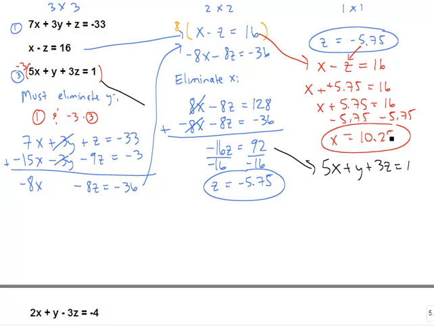And I'm going to substitute in 10.25 for the x. And I'm going to substitute in negative 5.75 for my z.